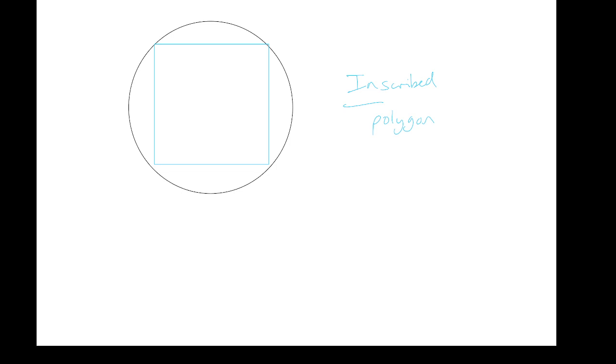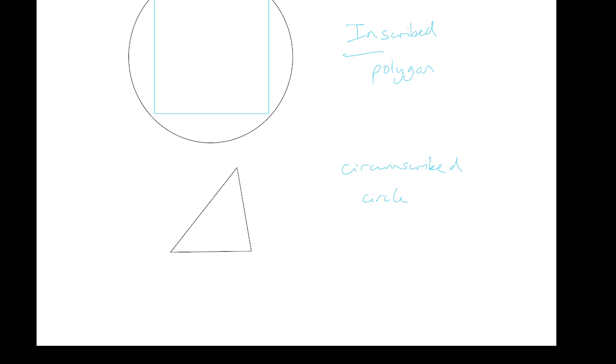Versus, if I take this triangle right here, what I'm going to do is circumscribe a circle. Think circumcenter, or a circumference. It's going to be a circle that goes about this, where all of those vertices are going to land on the circle.